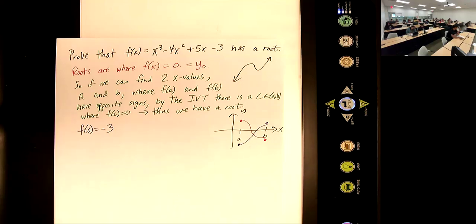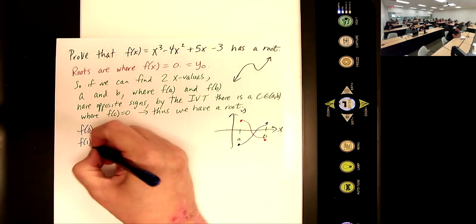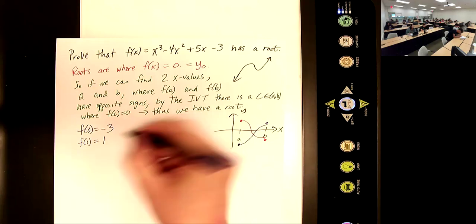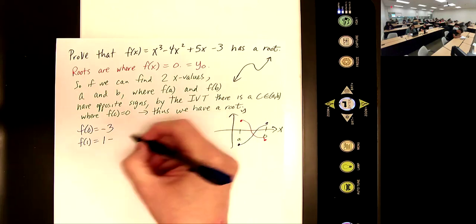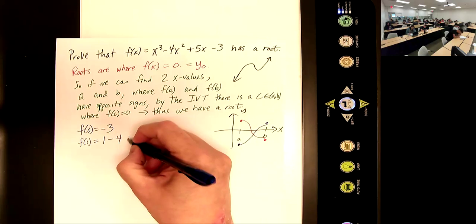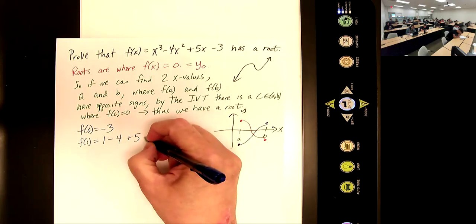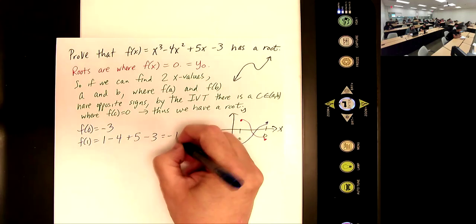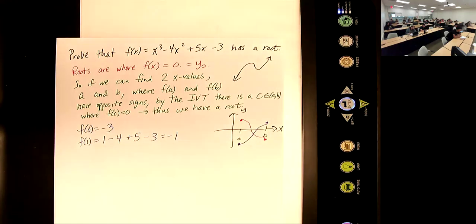We're gonna check 1, 2. f of 1: we got 1 cubed, which is 1, minus 4 times 1 squared, which is minus 4, plus 5 times 1 is 5, minus 3. I think we still end up with a negative. So maybe we need to try something else.